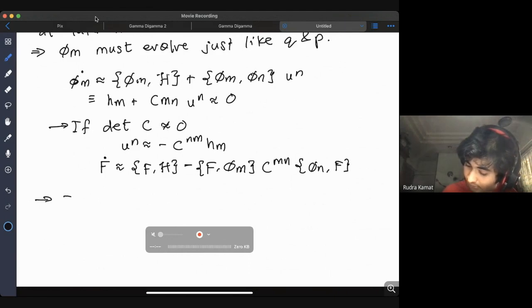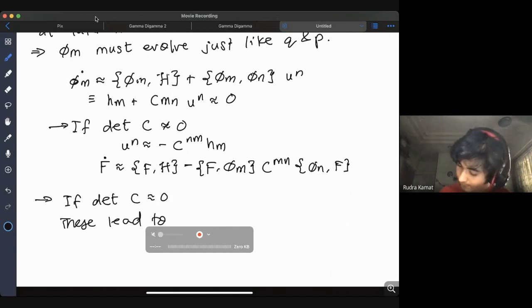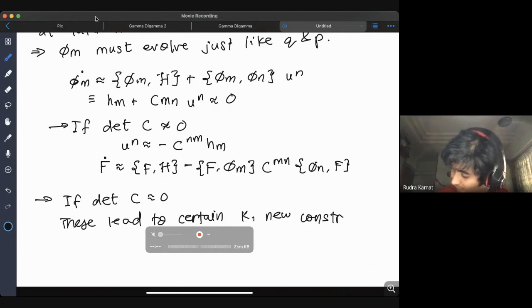The other case is if the determinant is 0, then these lead to a certain number K1 of new constraints. That's right. Just when we thought we couldn't get enough of the constraints, we have more.